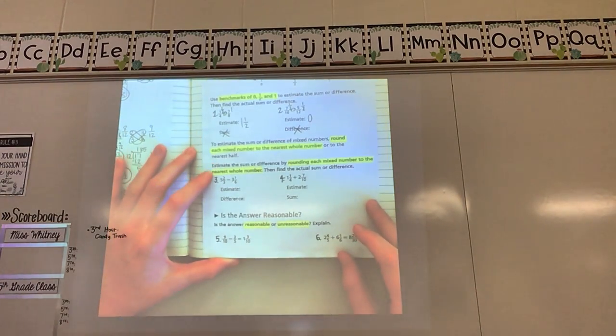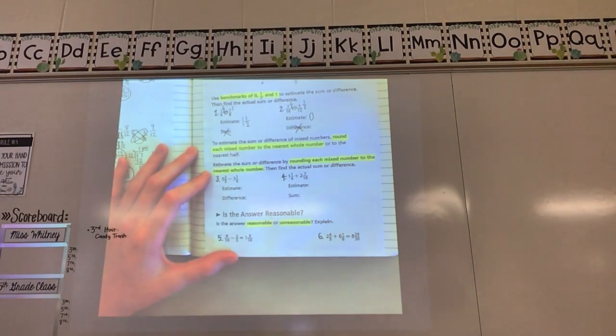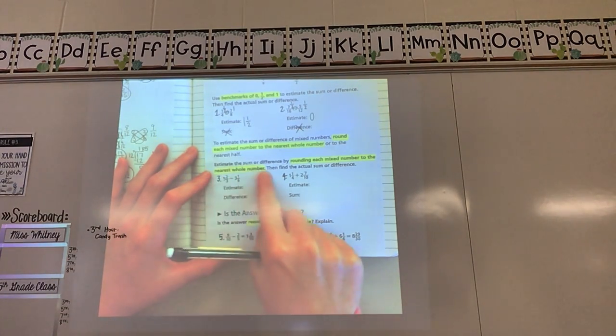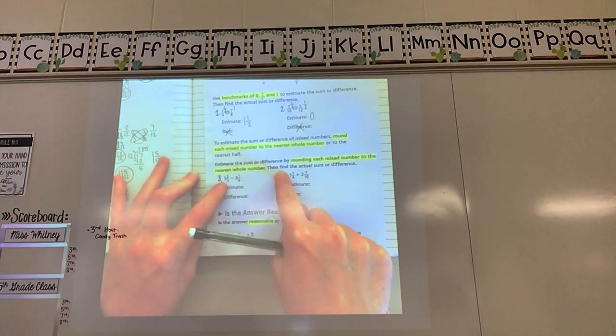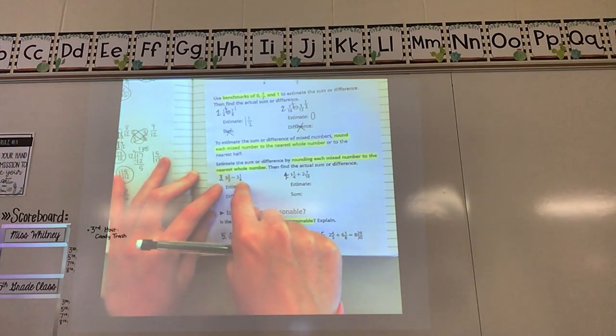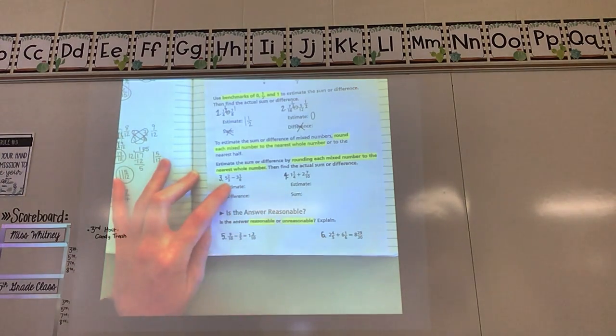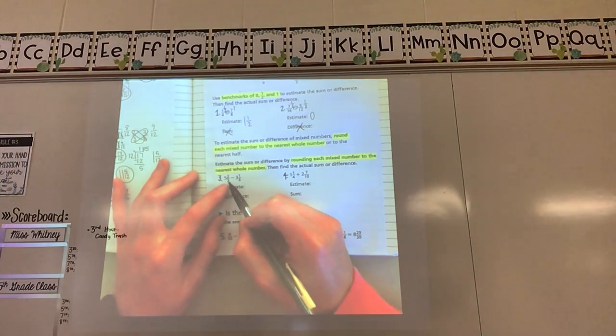Let's try down here. These are mixed numbers, so we have to round to the nearest whole number. So I'll help you figure this out, but pay close attention. We have 5 2/3 minus 3 1/6. So look at your first mixed number, 5 2/3. Now we want to look at the fraction.